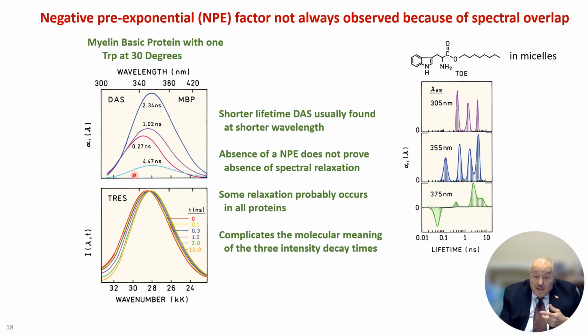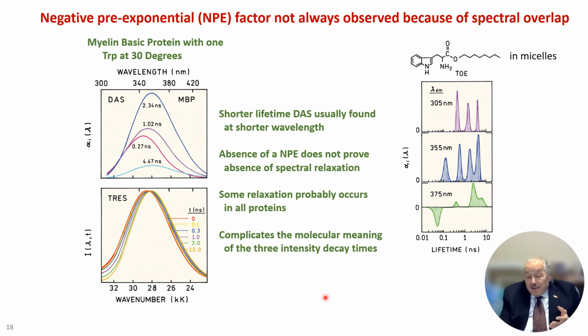We can also make the decay associated spectra, and we see that the shorter decay times are always the shorter wavelength decay-associated spectra, which sort of makes sense because at shorter times, it's the bluer emission that's appearing. And in the same way, you can look at the time-resolved emission spectra, and they continue to shift with increasing time. And to me, this complicates the meaning of the three decay times.